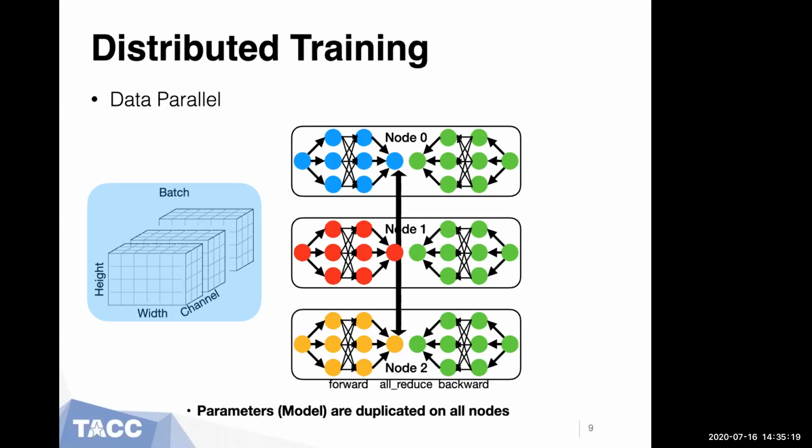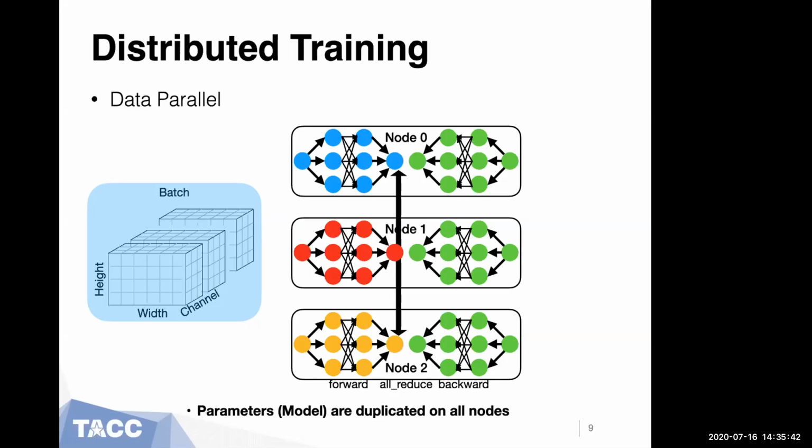But as you can see, the update computations are identical on each node, though they take a relatively smaller portion of the training time. Most of the popular deep learning frameworks like TensorFlow, PyTorch, or MXNet support this data parallel approach natively.